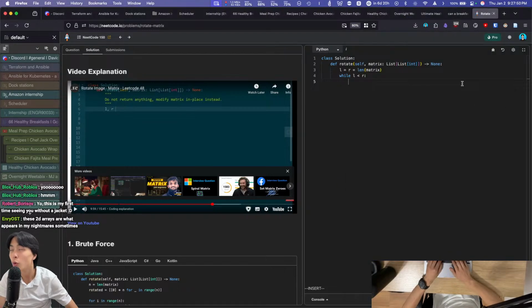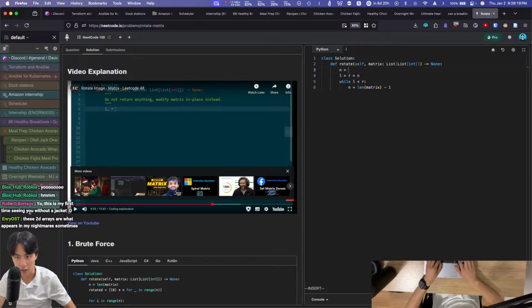Okay, so when L is less than R, N is equal to len matrix minus 1. Should I just make this N?